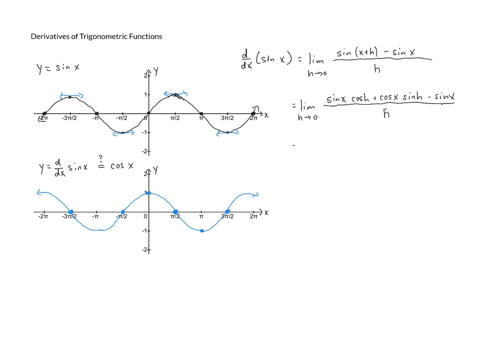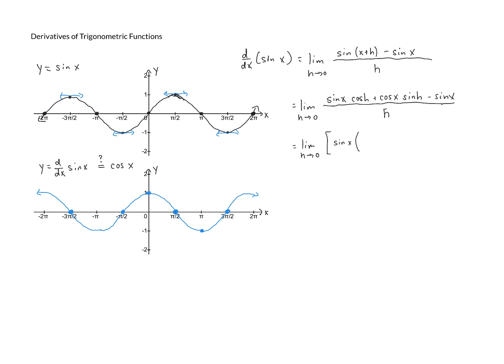Now, there are two terms here that have sine of x in them, and one that has cosine of x in it. And so what I want to do is rearrange things and put all the sine of x terms together, and then all of the cosine of x terms together. So let's start with the terms that have sine of x in them.